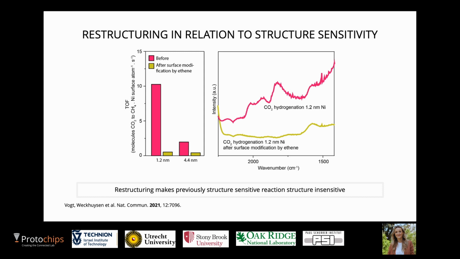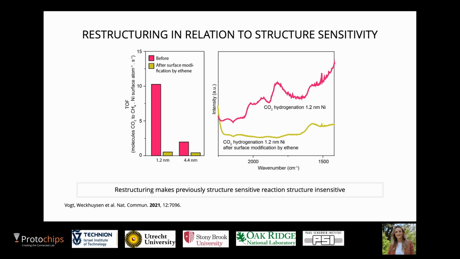So we tested that hypothesis by taking our structure sensitive reaction, CO2 hydrogenation, where you can see that the surface normalized activity changes for different catalyst particle sizes. We flowed ethene over those two different samples, and we removed the ethene. We flowed hydrogen and nitrogen, so that we were only left with this irreversibly adsorbed intermediate on the surface.